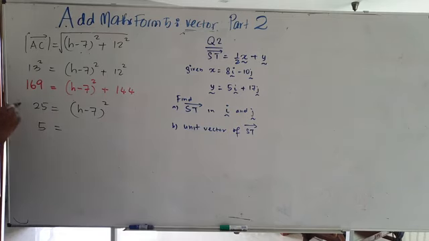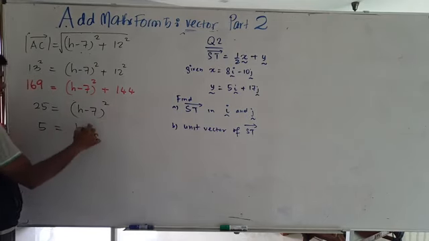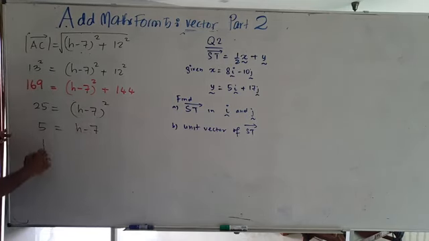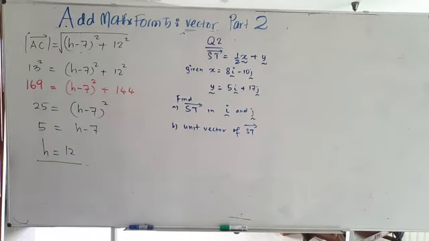You can try for both, plus and minus, two answers. But here I'm just showing you the positive. The negative value I'm going to leave it to you. So h minus 7, 7 comes over here. So finally h is 12. So this is how a 3 marks question for paper 1 is. Normally they might ask you like this.